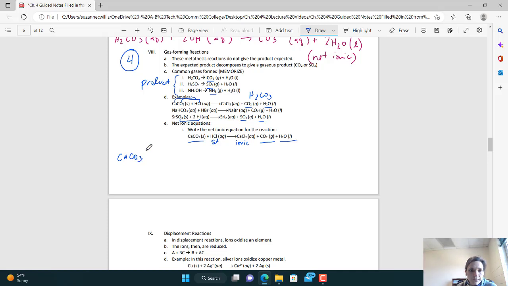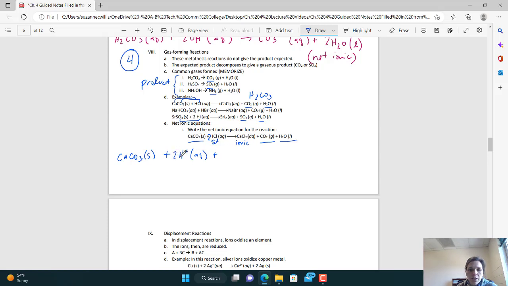CaCO3 stays together, but H plus and Cl minus. Oops, you know what? This is not balanced. Let's balance it first. So you see how there's 2 chlorines on the right? So let's throw a 2 there for 2 chlorines. 1 calcium, 1 calcium, 1 carbon, 1 carbon, 3 oxygens, 3 oxygens. We're good.